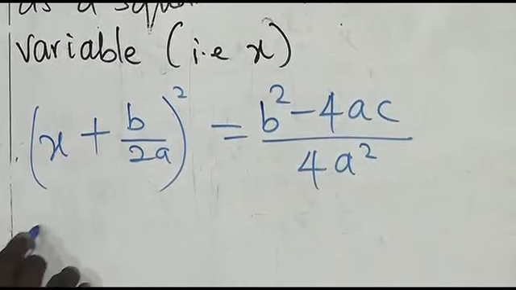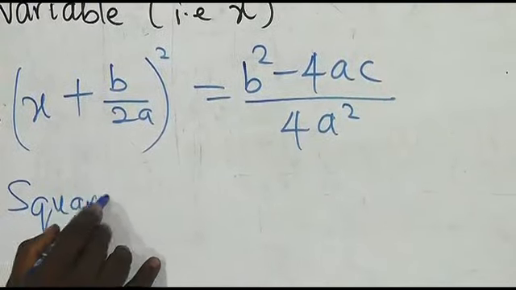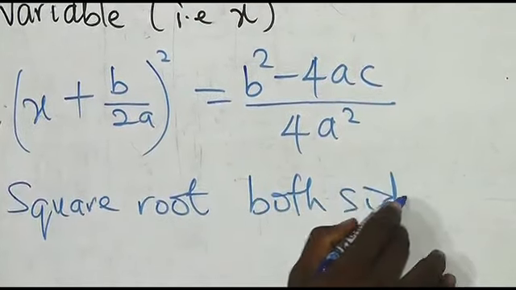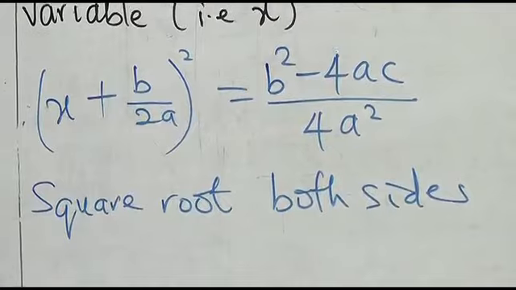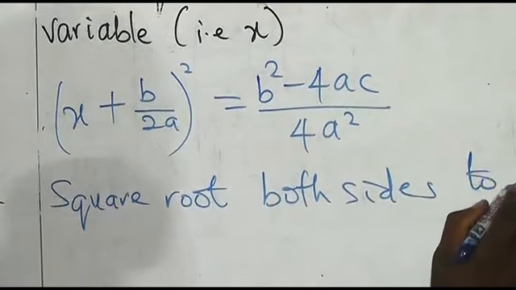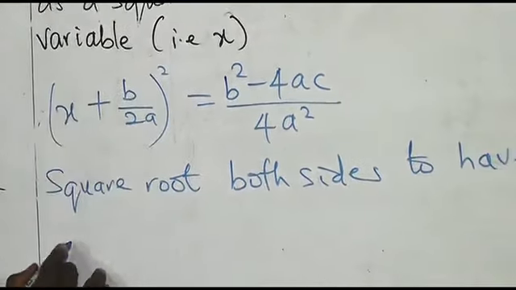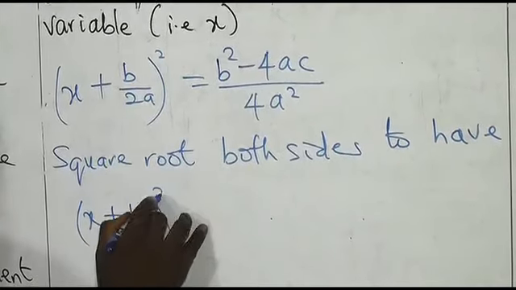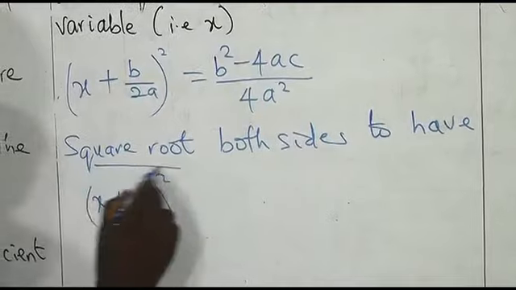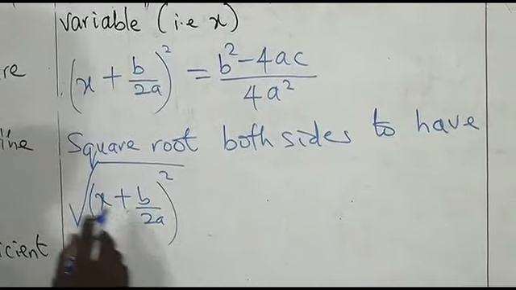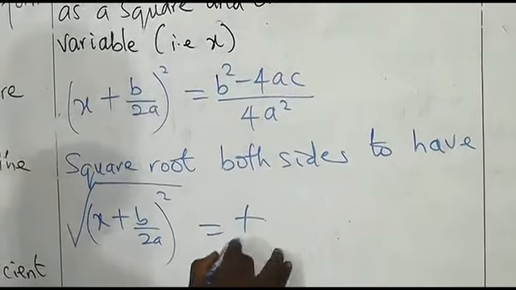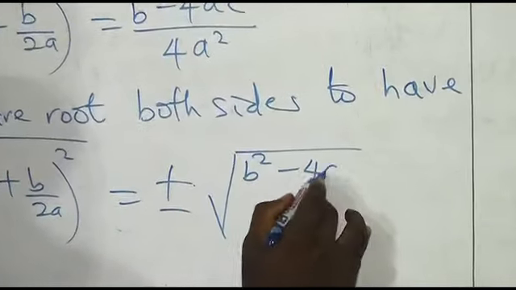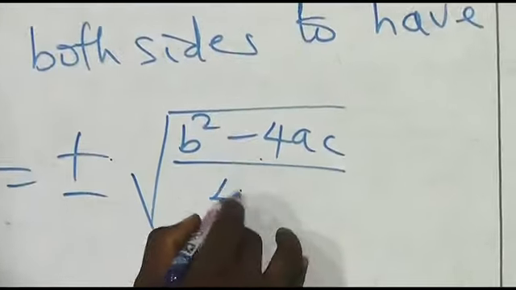So to do that, you square root both sides to have x plus b over 2a equals plus or minus square root of b squared minus 4ac all over 4a squared.